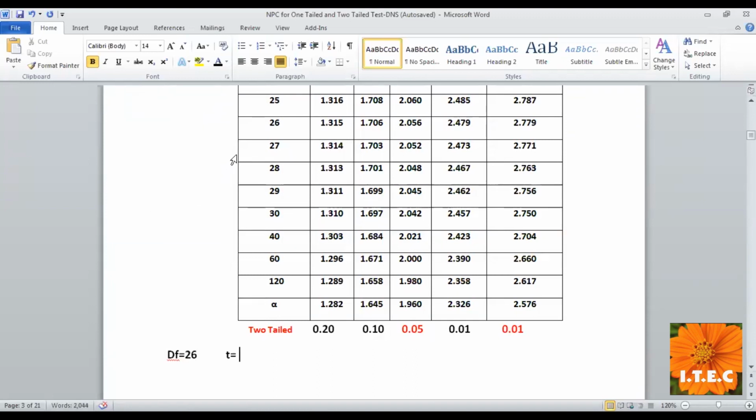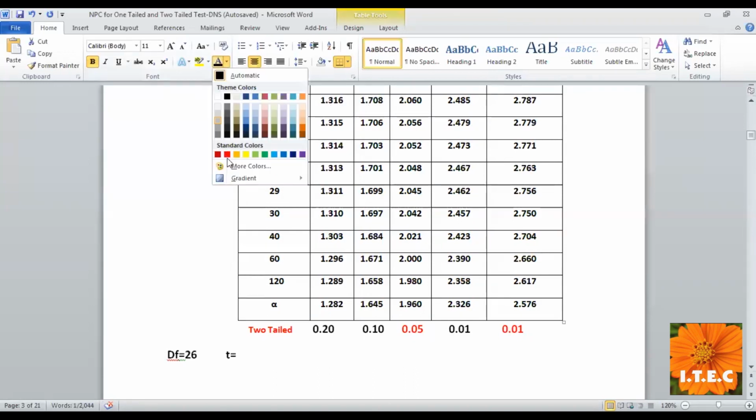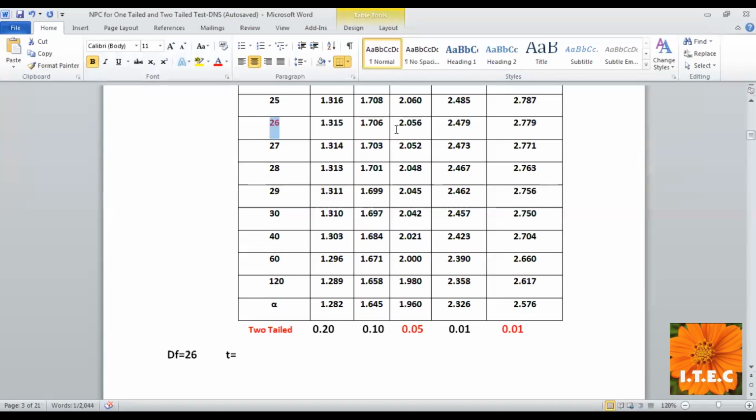This is 26, and this is the value under 0.05, and this is the value under 0.01. If my value is 1.87, then what have you to say?